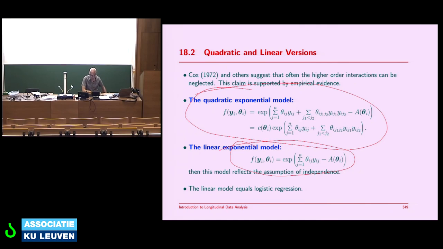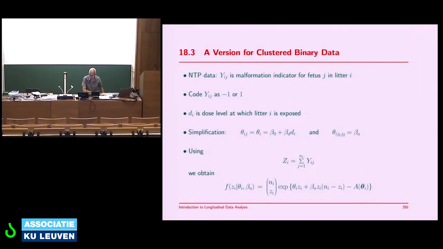You will see that most models which we consider coincide with logistic regression when there is no dependence, because the linear case applies. The theta parameters of second or higher orders capture the association. So in their absence, there is no association, and then we're back to logistic regression.